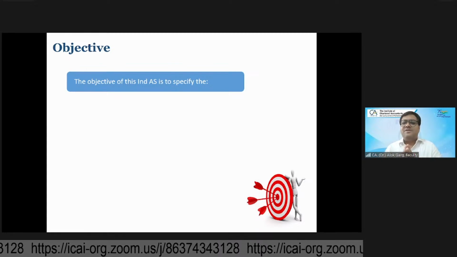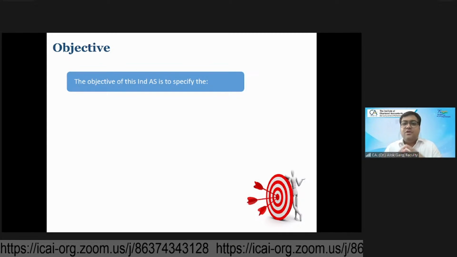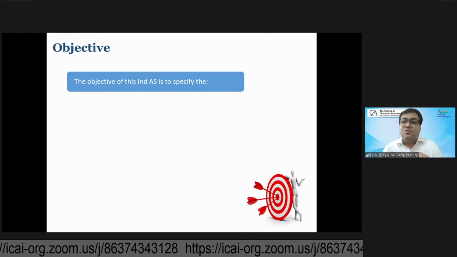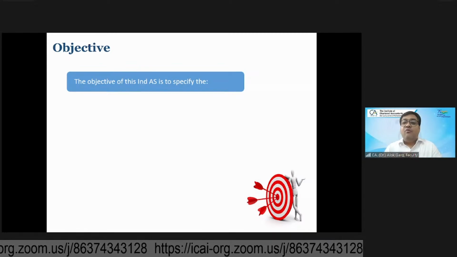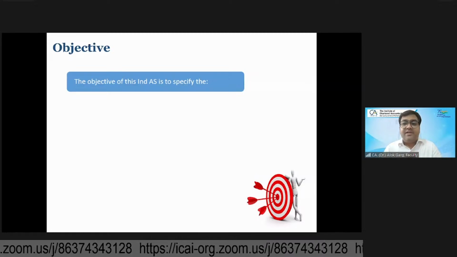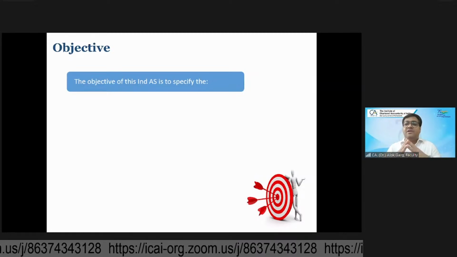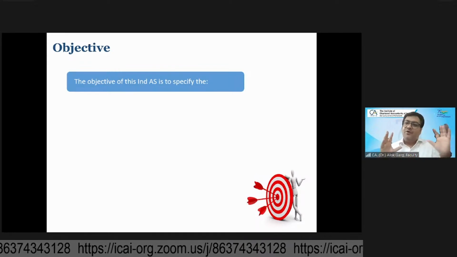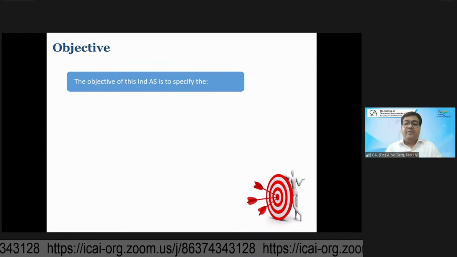The top employees didn't like those cars and said, we need Mercedes. So now Tata Consultancy Services wants to sell these cars. Question number one: what is the classification of these cars in the balance sheet of TCS? In the balance sheet of TCS, these cars will be property, plant, and equipment. For Maruti, it is inventory. For TCS, it is property, plant, and equipment.